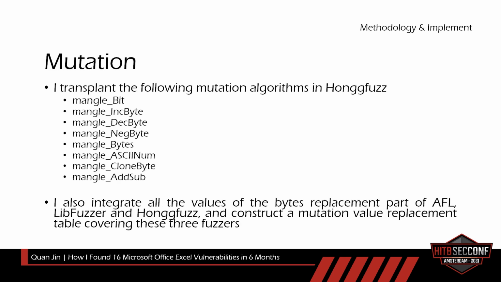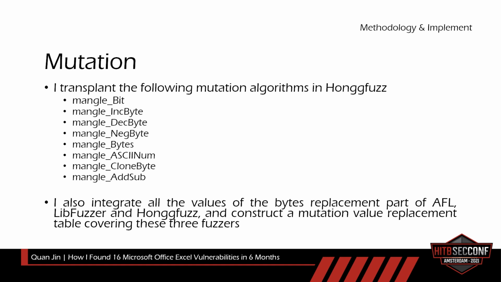Mutation algorithm is an important part of fuzz, and its quality directly affects the result of fuzz. I transplant the following mutation algorithms in Hunger fuzz, including bits, increase byte, decrease byte, negative byte, bytes replace, ASCII number, clone bytes, add, and sub.